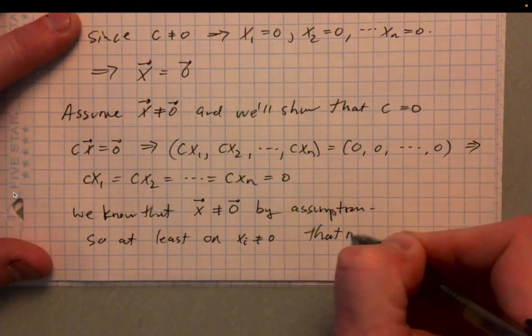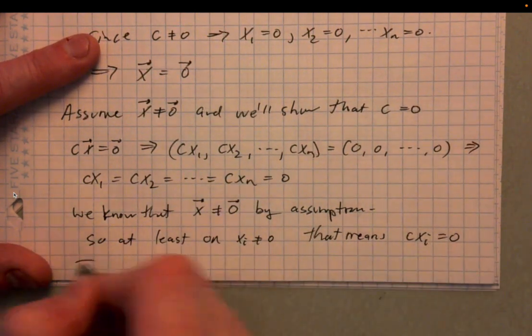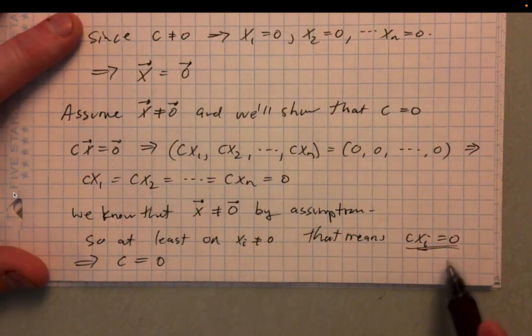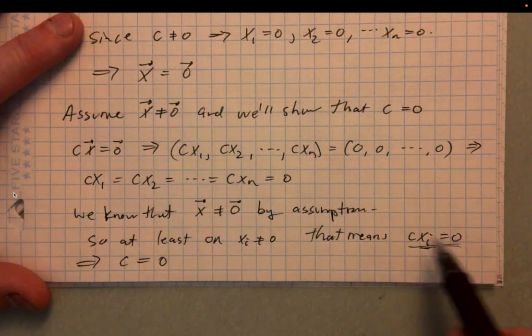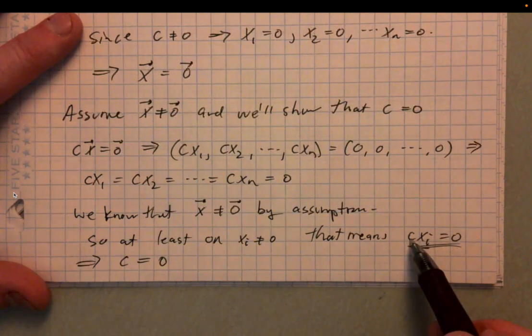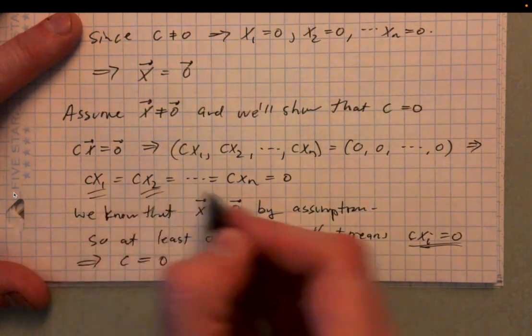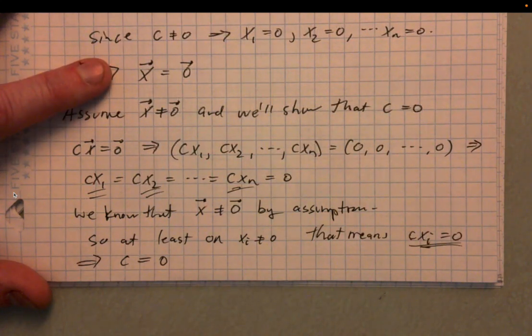That means C times xi equals 0 implies C must be equal to 0. So if my ith term C times xi is equal to 0 and xi is non-zero, then clearly C must be 0. And so if C is 0 for any one of these terms, it must be 0 for all of these terms. So C is equal to 0, and that's all we need to show.